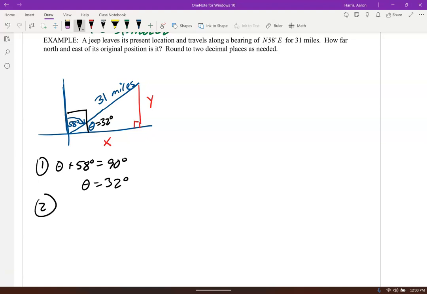And so number two, see how I have the hypotenuse here? So let's do y first. Here's the opposite side from y. So let's use the sine, opposite over hypotenuse. So the sine of 32 degrees is opposite over hypotenuse. Now let's multiply both sides by 31.